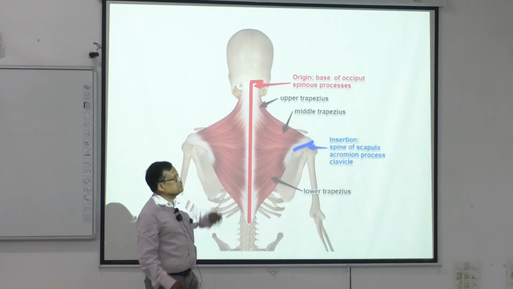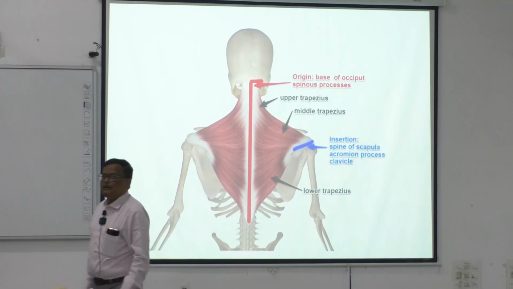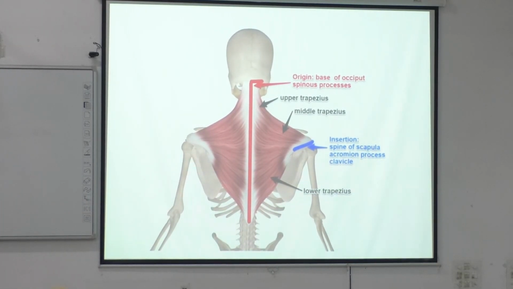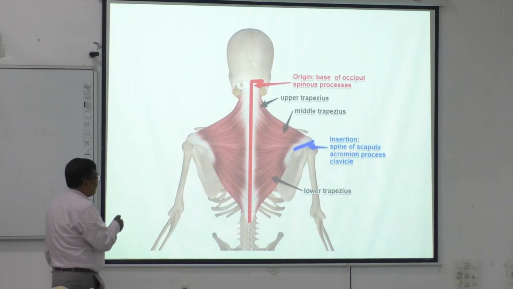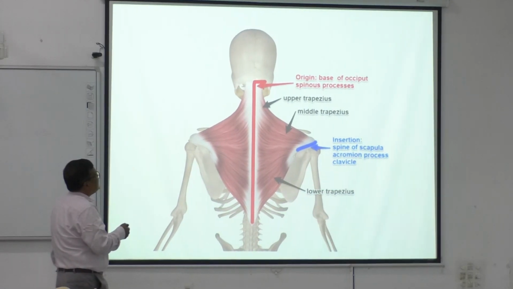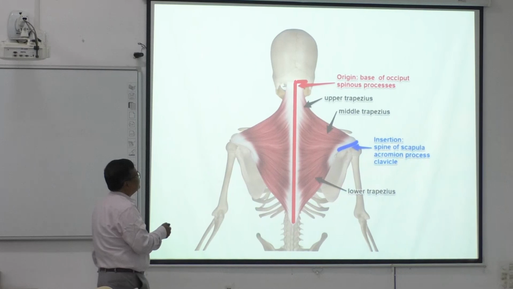The red line is the origin. Medial 1/3, lateral 1/3 was taken by sternocleidomastoid of the superior nuchal line. Now the medial 1/3 is taken by the trapezius muscle. Then this is the external occipital protuberance.